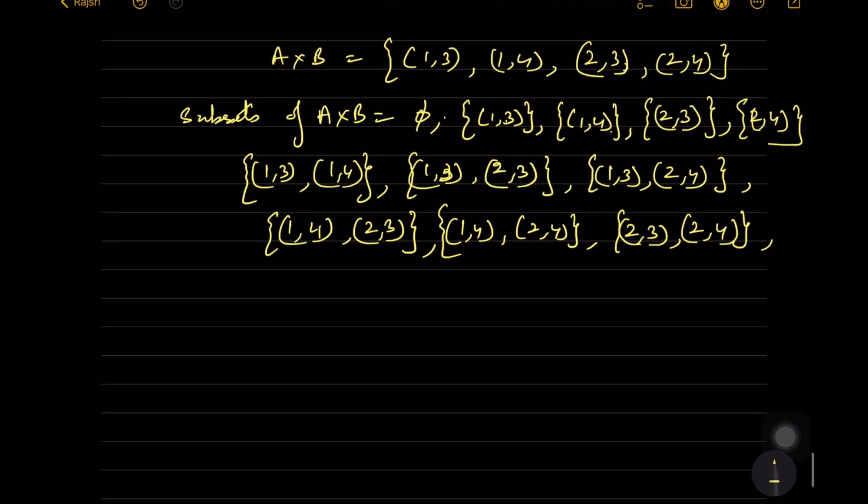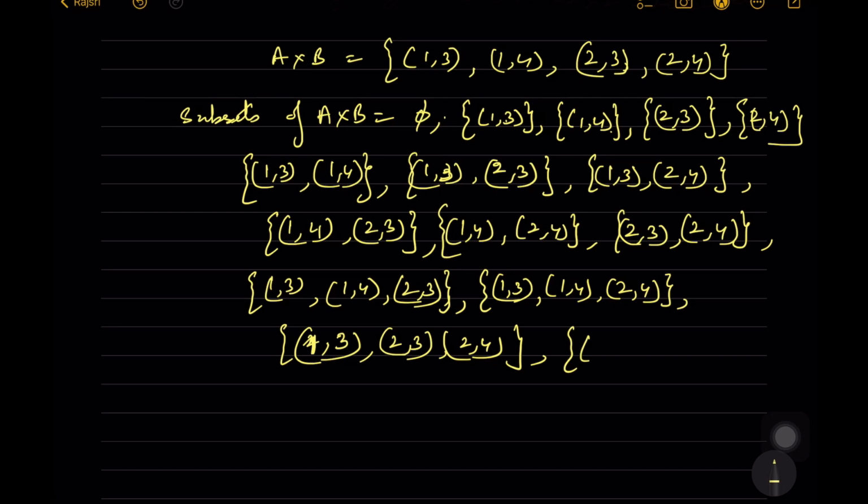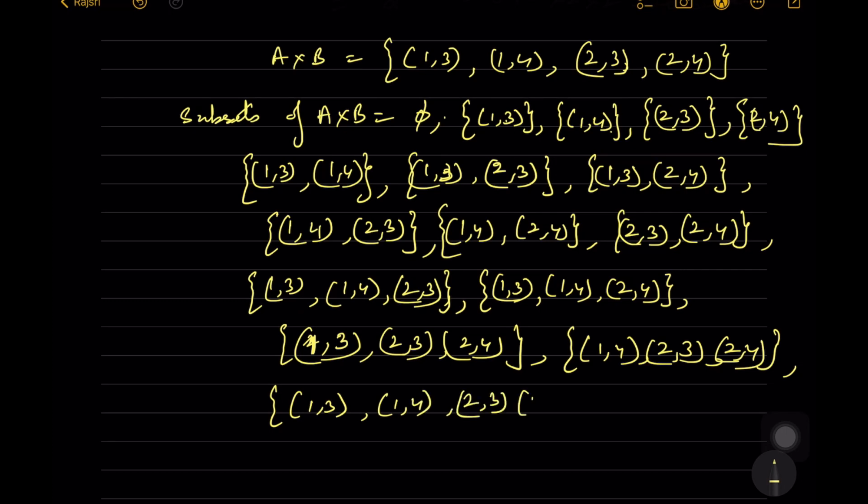Now we'll write down all the subsets with 3 elements. So you can write the 3 elements as {(1,3), (1,4), (2,3)}, then {(1,3), (1,4), (2,4)}, then {(1,3), (2,3), (2,4)}, next {(1,4), (2,3), (2,4)}, then all four: {(1,3), (1,4), (2,3), (2,4)}.